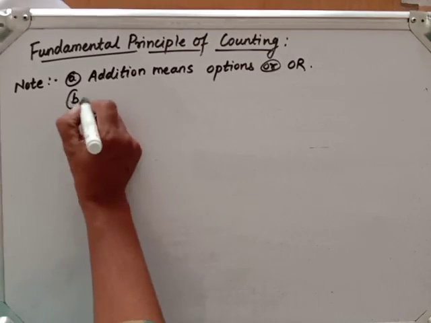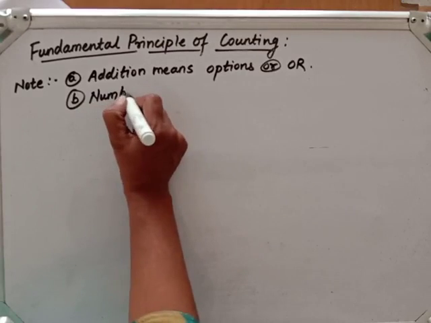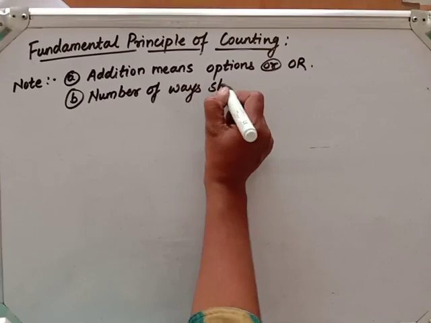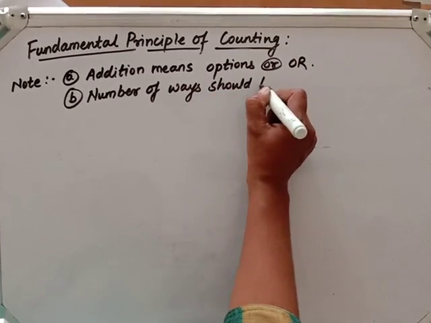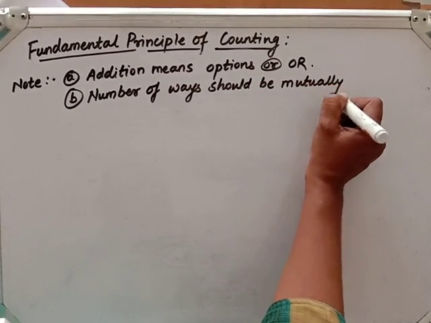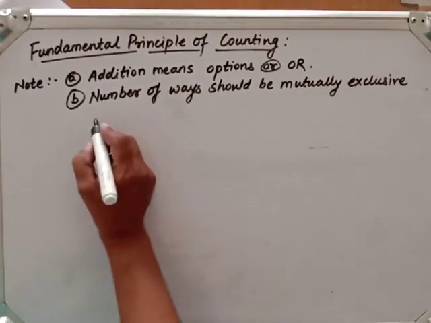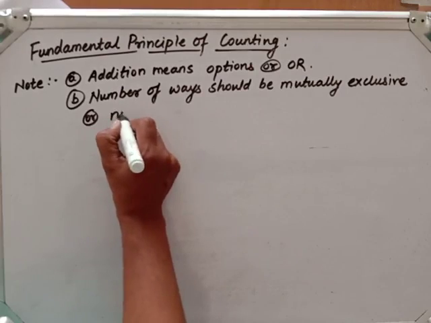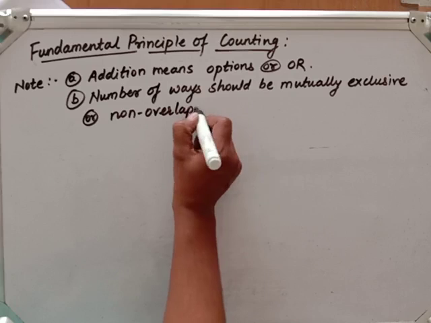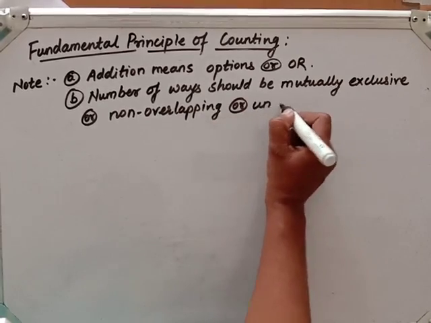Then the second note is that the number of ways should be mutually exclusive or non-overlapping, or we can say another word for the same, uncommon.